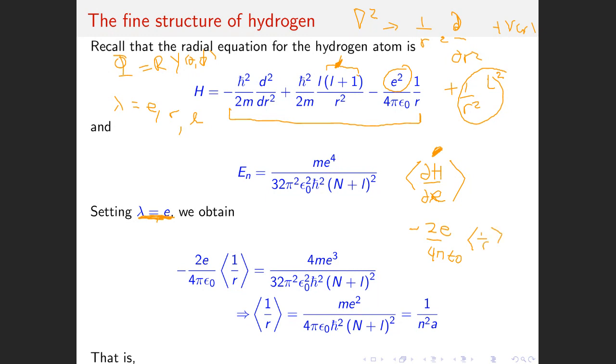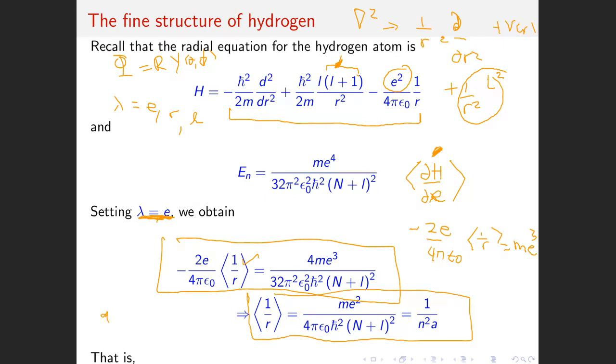But on the other side, if I differentiate En with respect to e, I just get e to the cubed, this equation. And this equation you can solve for what is 1 over r. So 1 over r is given by this.